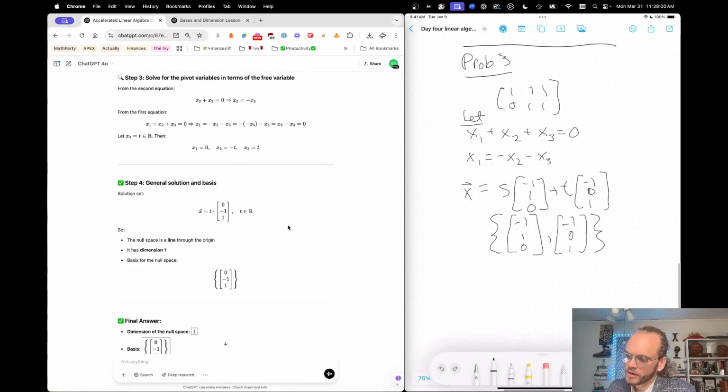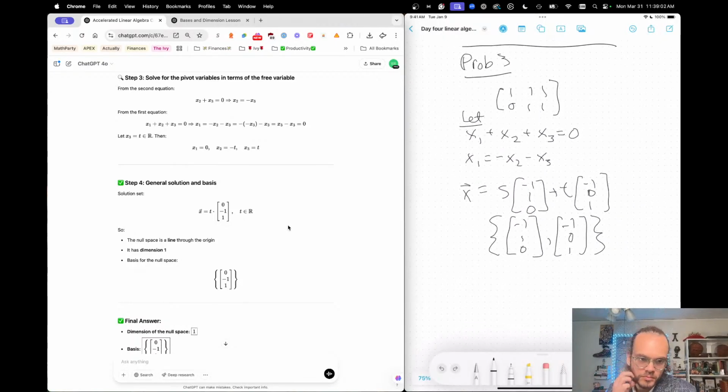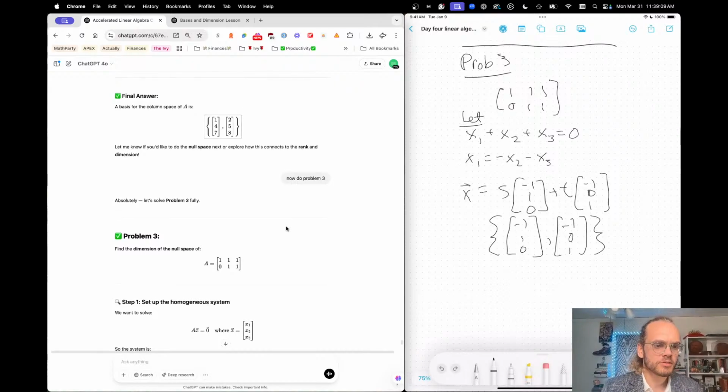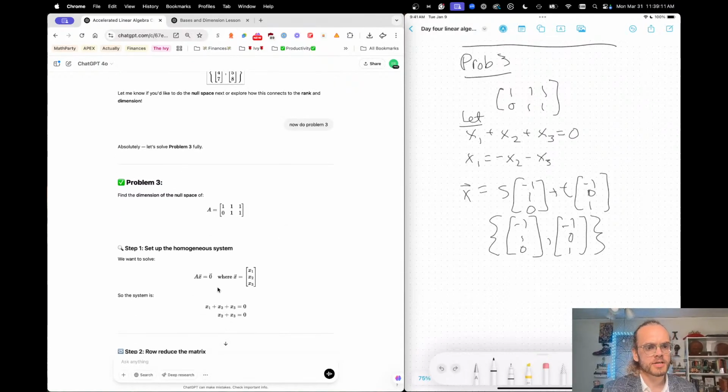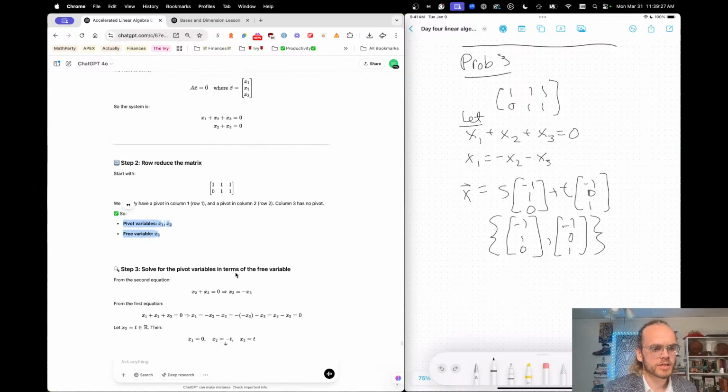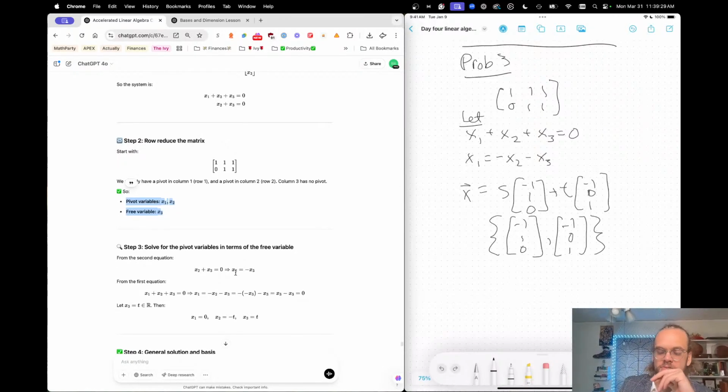So for problem 3 right here, yeah, it was totally different. So I'm going to walk through their answer. So for the dimension of the null space, I need to set up the homogeneous system. So you write out that equation. Pivot variables were x1 and x2. Yeah. Free variable is x3. So that's my issue, is I made x1 the free variable.